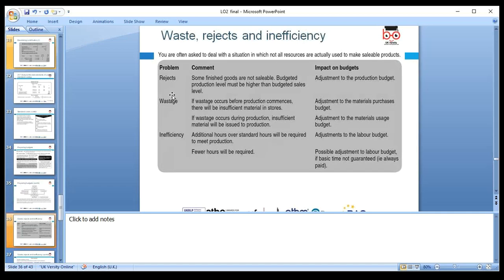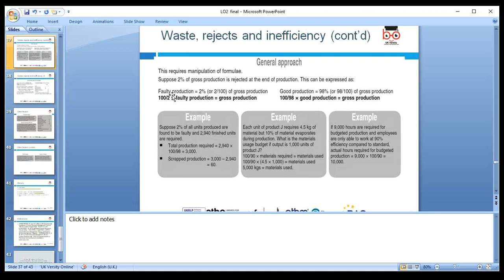Always keep in mind when you make a budget, you look at rejection, wastage, inefficiencies. So if 20% of material fails, you have to make up for it. Like here, 2% is supposed to be gross production rejected. So if 2% is rejected, you are actually getting 98%.